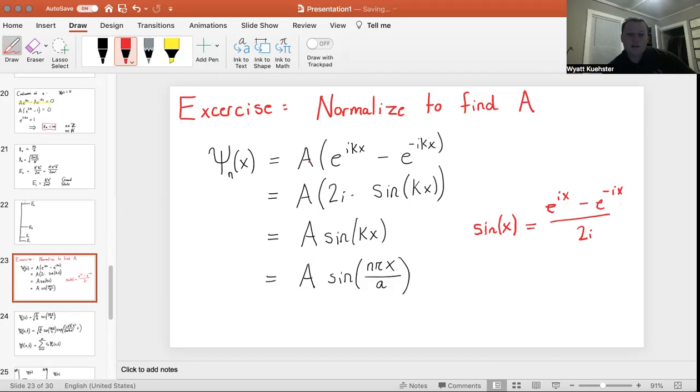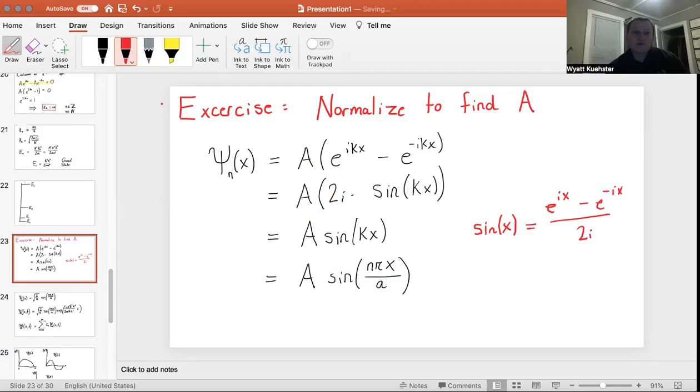So if I absorb the 2i into the constant A, then what I get is A sine kx, or A sine n pi x over a. And then an exercise for you is to normalize this, integrate psi n star psi over all space, and you'll find that A equals root 2 over a.